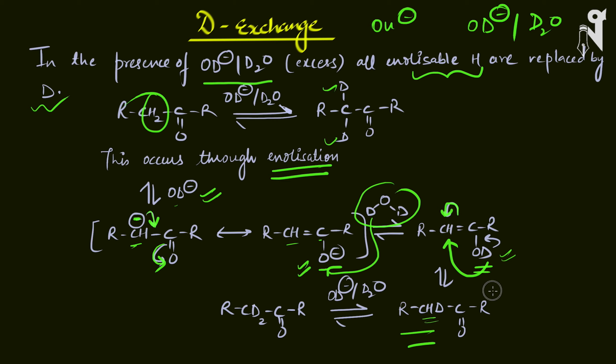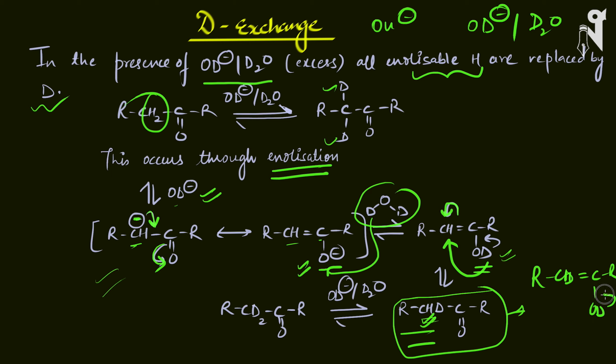Now again this is a keto. It has one enolizable hydrogen over here. Again OD minus will attack on it. Again the same procedure will take place, and this will get converted into this form first, RCD double bond COD R. It will get back into this, and then again this will follow the same process, that OD will give its bond back, this will form back again, and D will come over here.